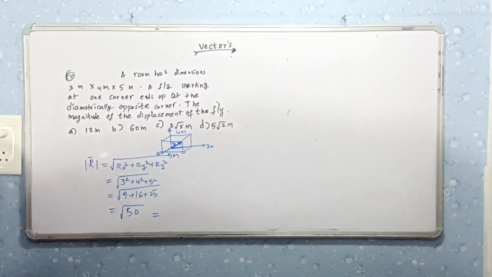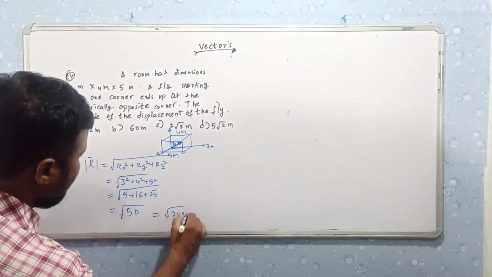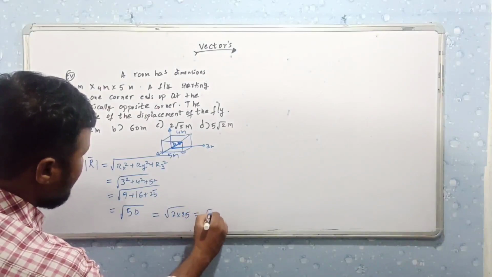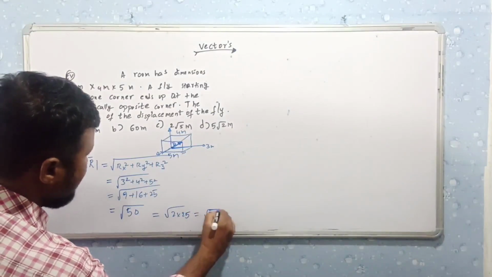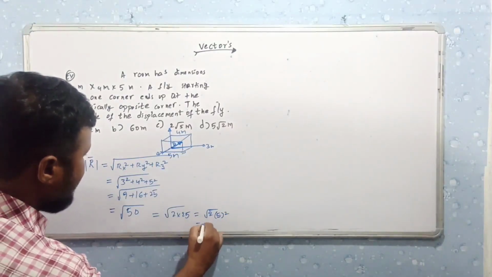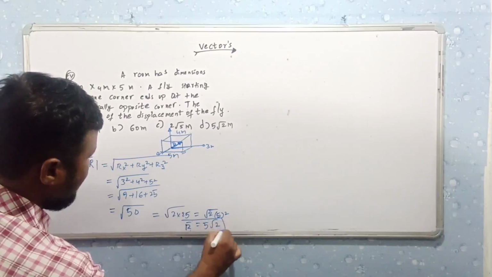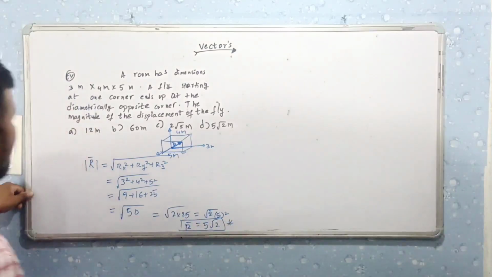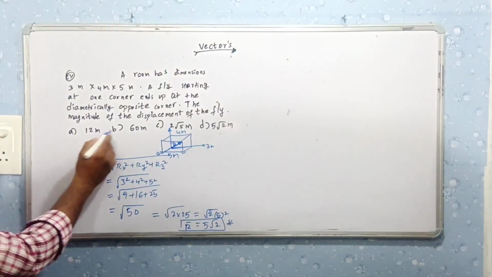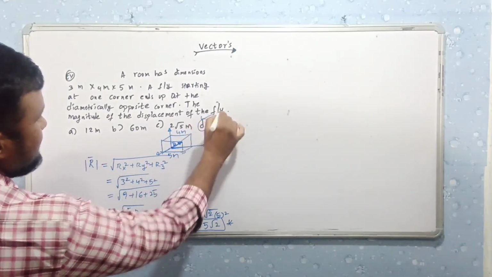Writing 2 into 25, or root 2 into 5 square, 5 root 2 is the answer. Options given: 12 meter, 60 meter, 2 root 5, 5 root 2. So option D is correct.